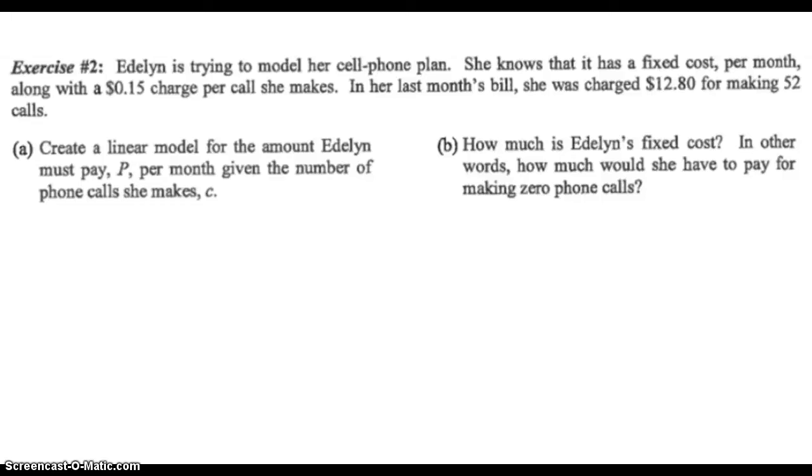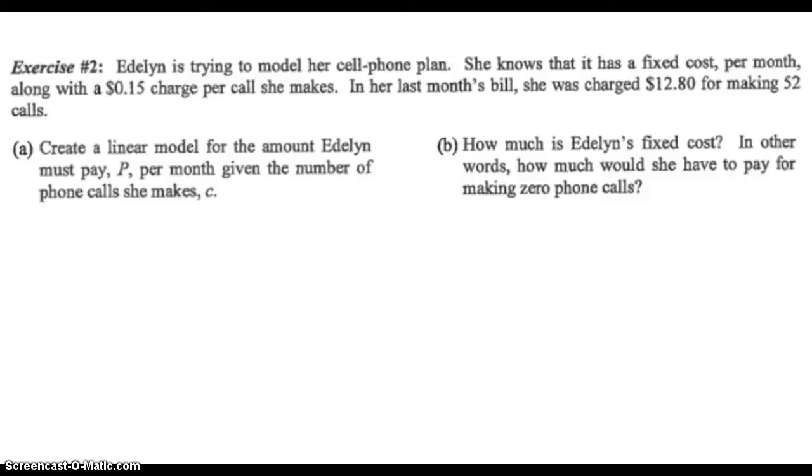So now looking at example 2, now we're working on a cell phone. We have a fixed cost and then a charge for each call that she makes. It's telling you in last month's bill she was charged $12.80 for making 52 calls. So then I go down here and I create the linear model for this amount where P is the price per month given the number of phone calls.